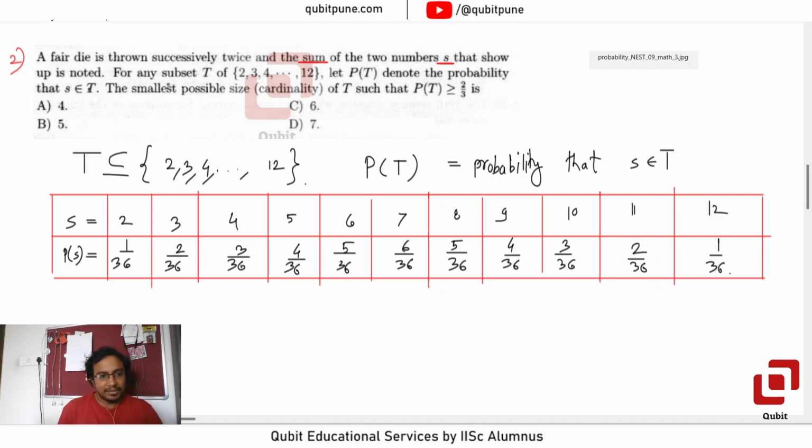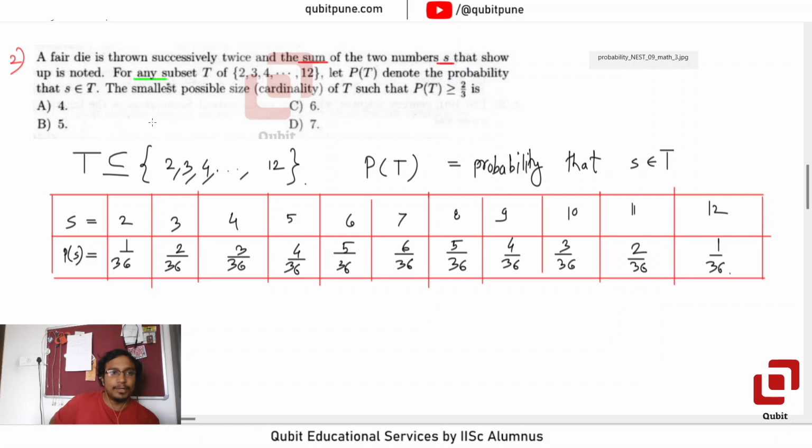They're saying any subset of T. So any subset means it could be a singleton set like 2, 3 up to 12, it could be a set containing 2 elements, or everything. Now the wording here is a bit confusing.